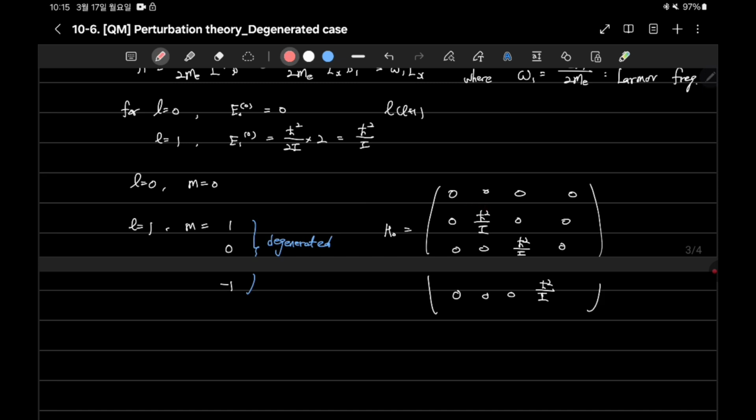So it is triply degenerate, and we can find a 3 by 3 subspace matrix. It is a threefold degenerate case.